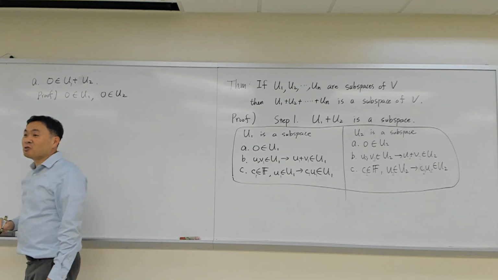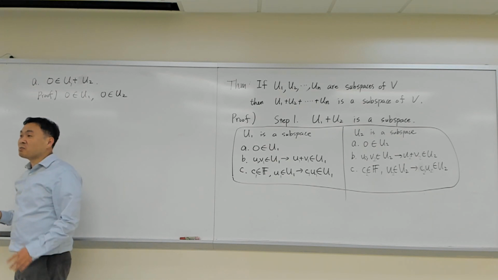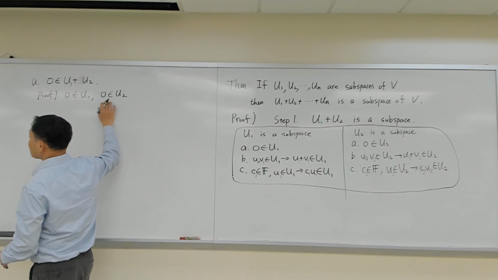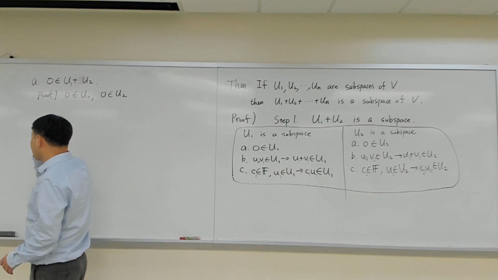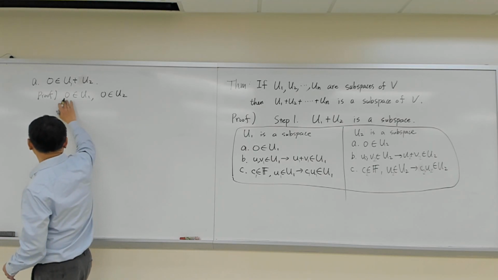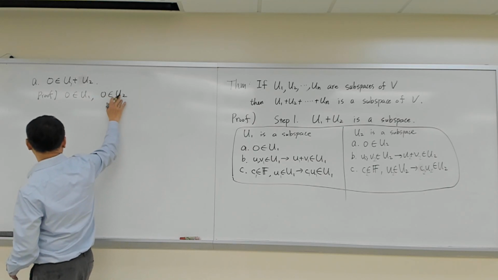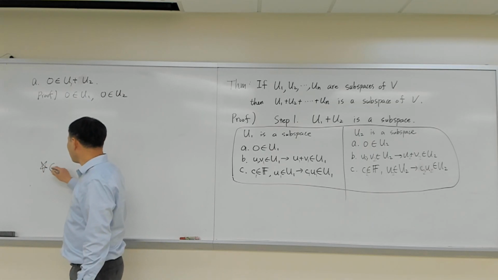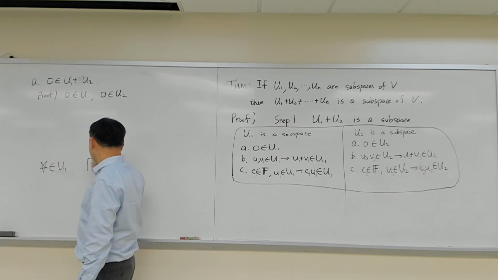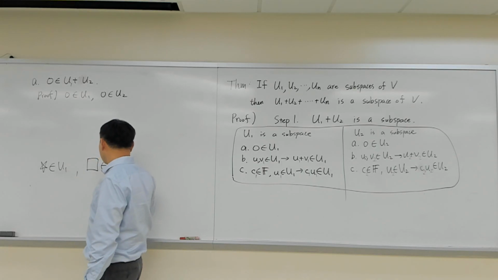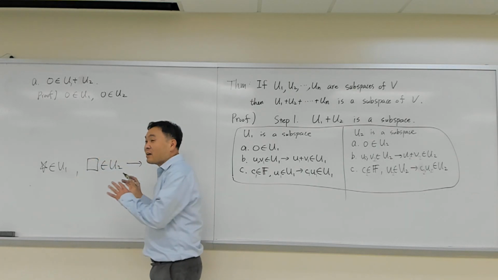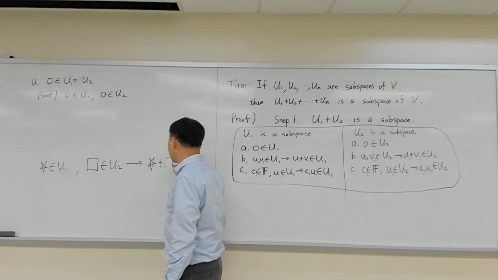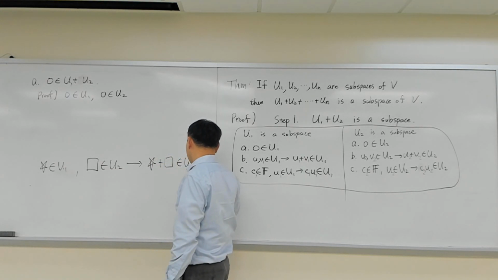Now, what is U1 plus U2? U1 plus U2 collects anything that is a sum of something in here and something in there, right? So since 0 is in U1 and 0 is in U2, it's always this format. If you have something in U1 and something else in U2, then by the definition of U1 plus U2, these two things added together have to be in U1 plus U2.